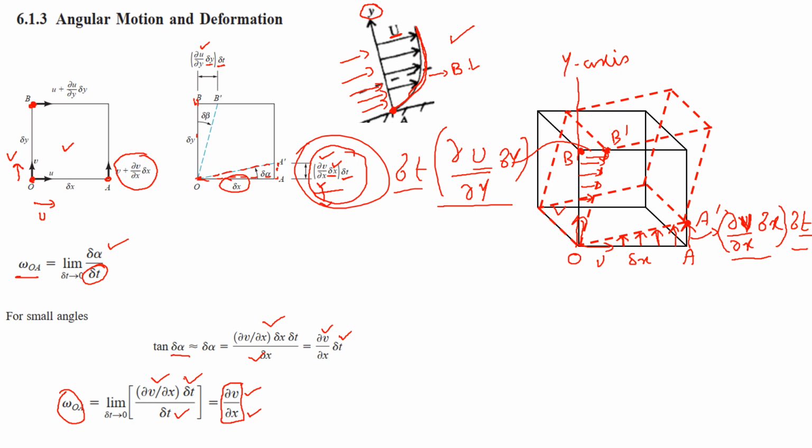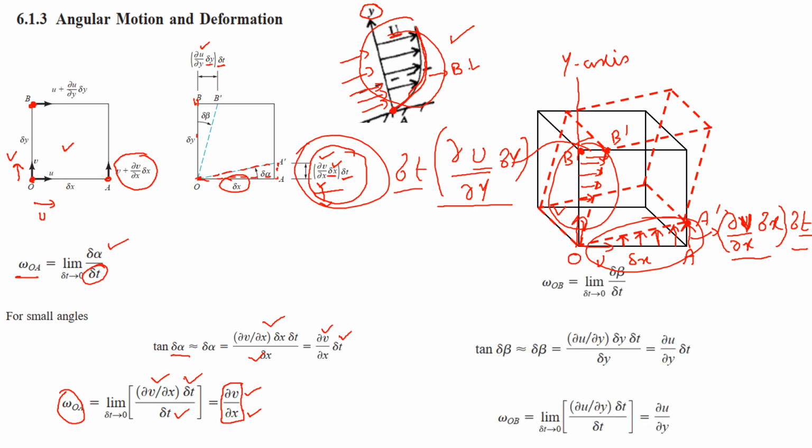So the y component of velocity is changing along the x-axis, as we mentioned right here and here, by taking these gradients and representing them in terms of velocity and its change along a corresponding axis and with respect to time.